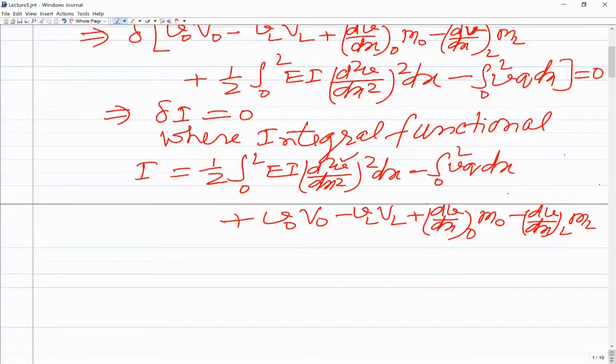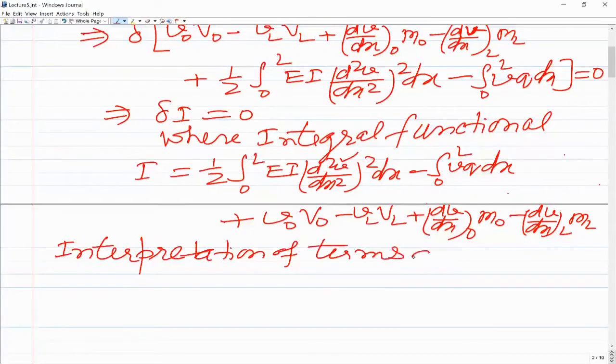Now let's look at the interpretation of the various terms, as we did for the rod under axial load. So similarly, let us try to interpret the various terms here. The physical interpretation of the terms of I: the first term is nothing but the strain energy.